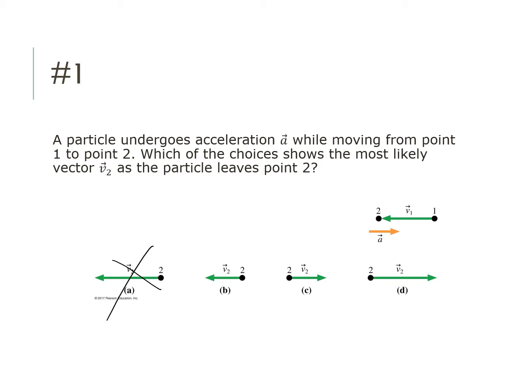And because the acceleration is smaller, that's going to indicate that we are not flipping directions, which means our only option for the answer is going to be B. So for vector 2 given in B, it's shorter because the acceleration points in the opposite direction, so we're slowing down. But we're not accelerating so hard that we've stopped and changed directions at point 2. So that is how we know it's B.